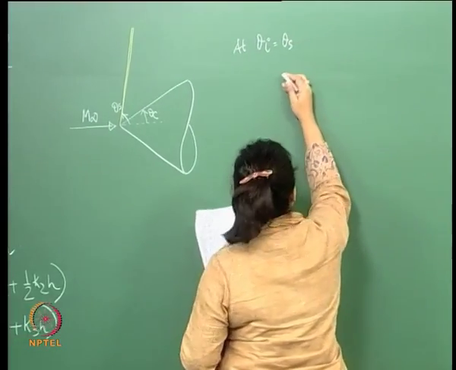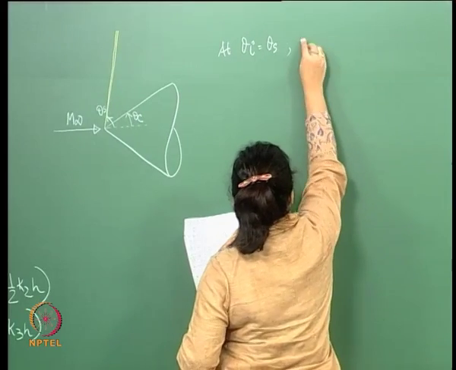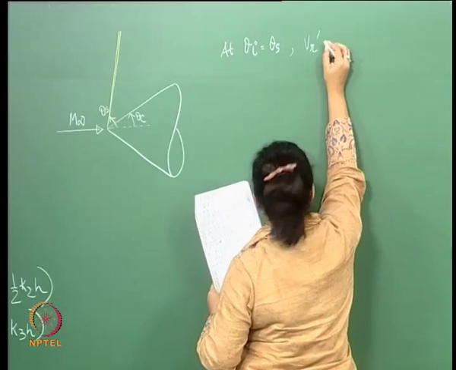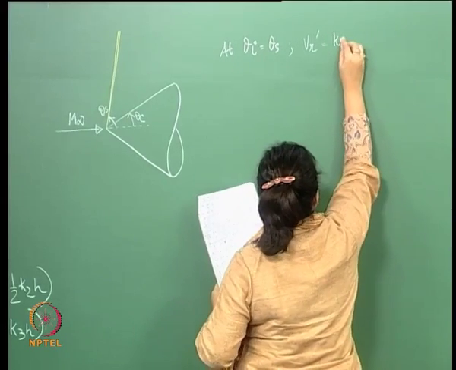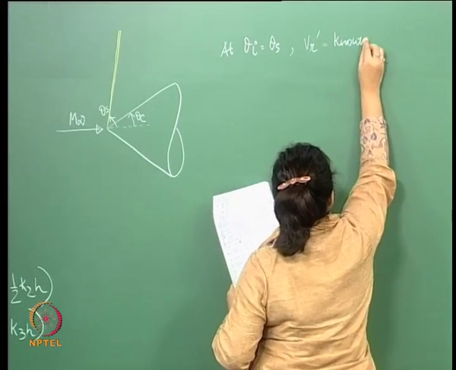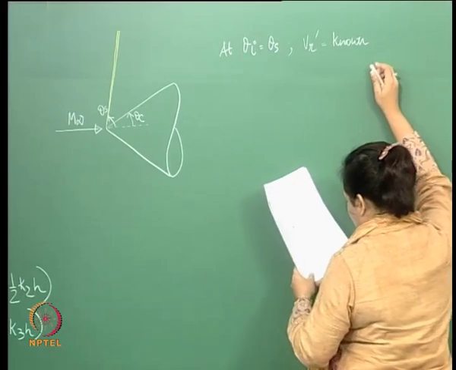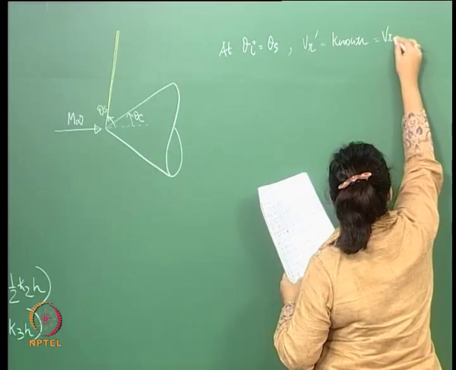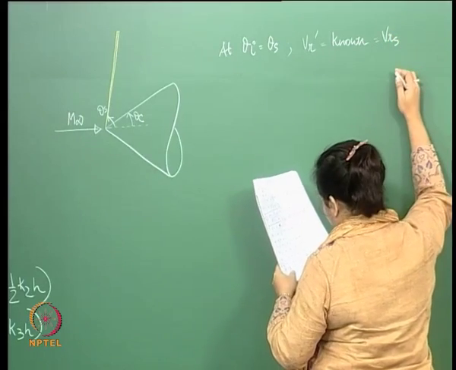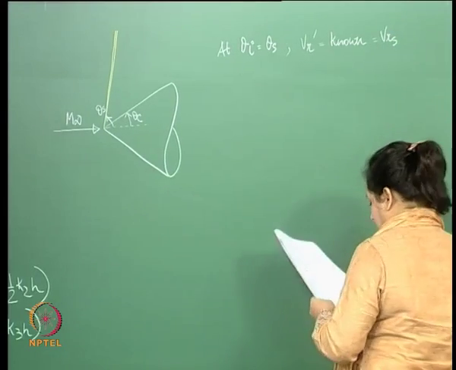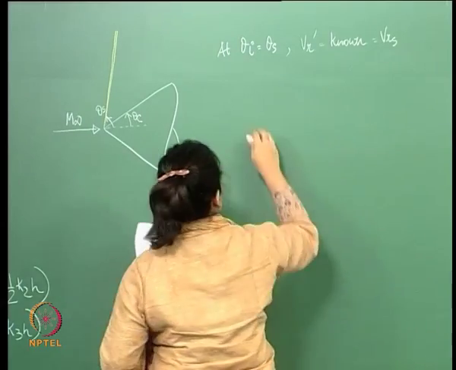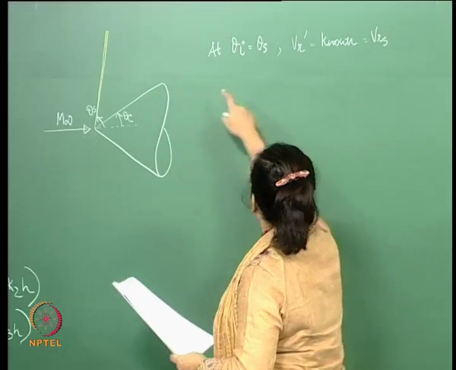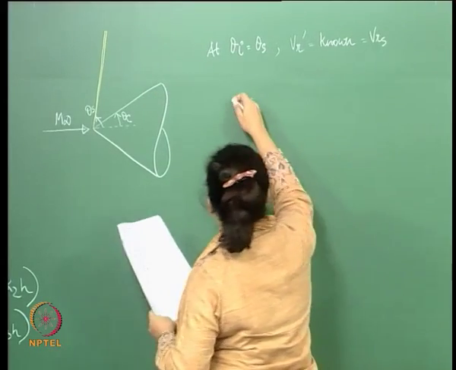At this point, when we start here, this is known to us, V r, r dash.